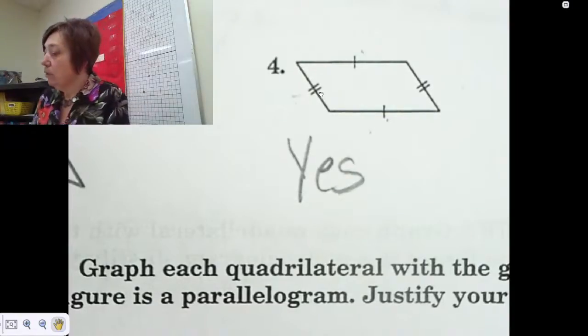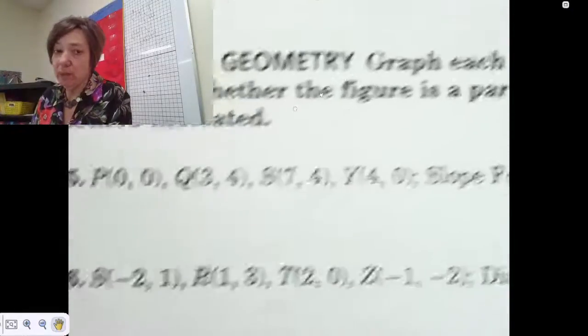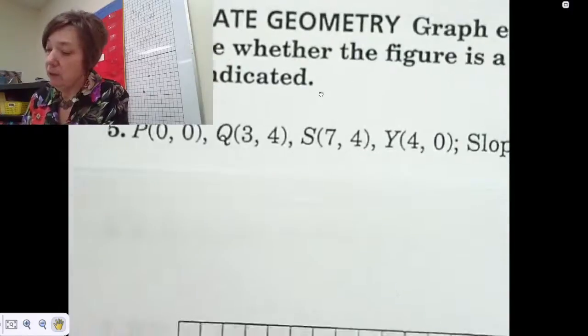Okay? Now, you should have a piece of graph paper. You got it? Graph the points from number 5, because we're going to talk about it, but we need to graph it first. So get it graphed.